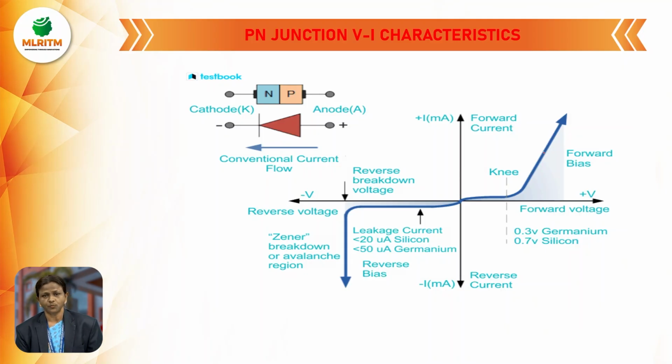From the same operating point Q, you can draw one horizontal line to the y-axis, that corresponding current is suppose I1. Now, static resistance, capital RF, equals corresponding voltage by corresponding current, so V1 by I1.